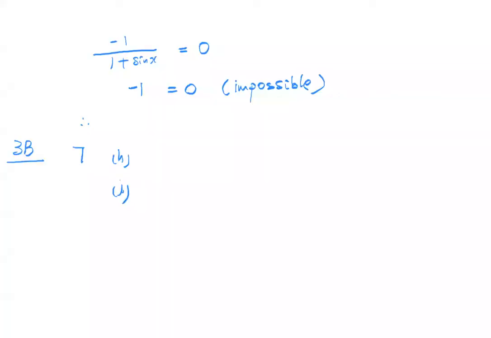Okay, faster. Find out f prime x. So for part I, f x is equal to x plus cos x. So in order to know f x is increasing, first you must find f prime x. Why? Because if f prime x is greater than 0, f x is increasing.